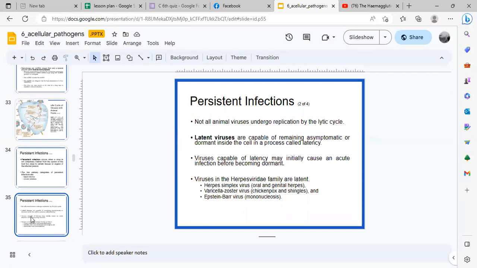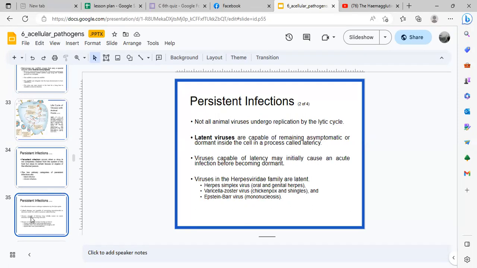So the virus capable of latency may initially cause an acute infection. So may symptoms sa start. Pero once na matapos yung initial infection, it will stay dormant. So example niyan yung sa herpes simplex virus, no?